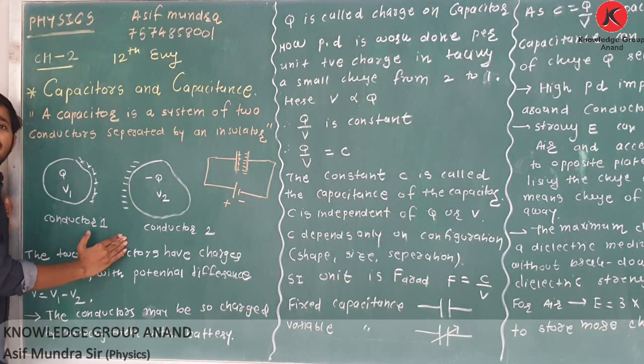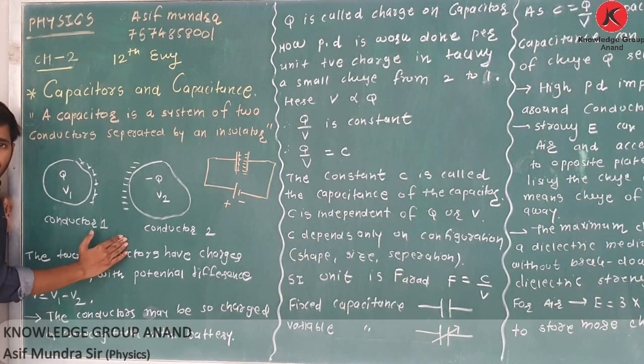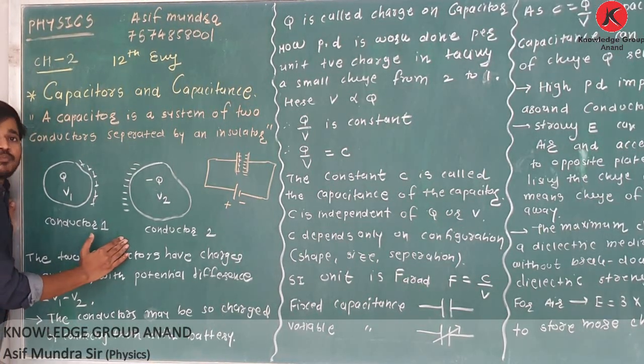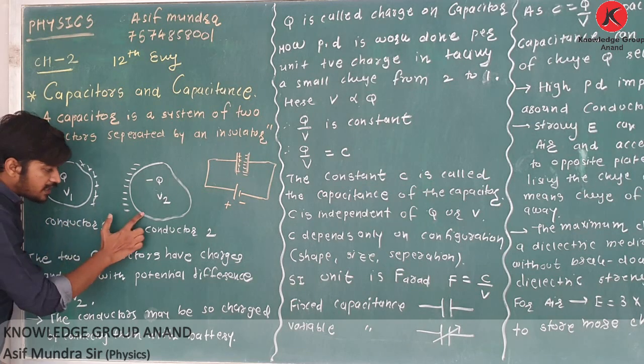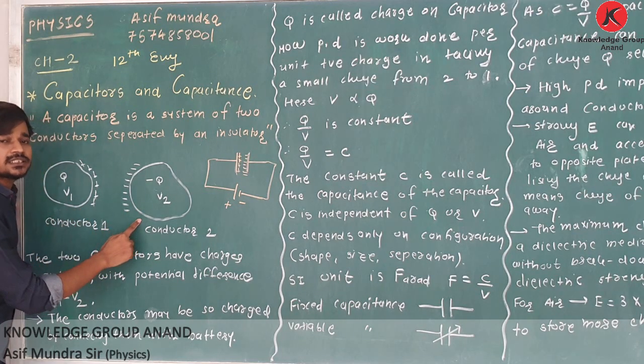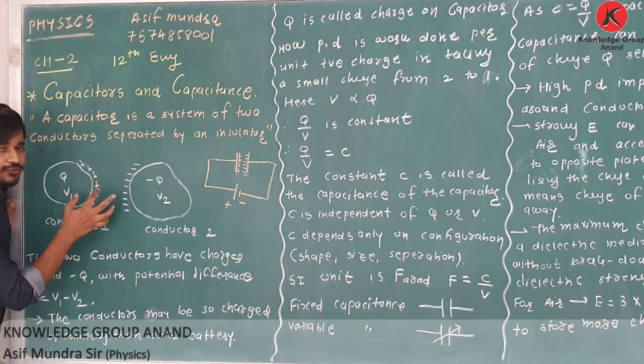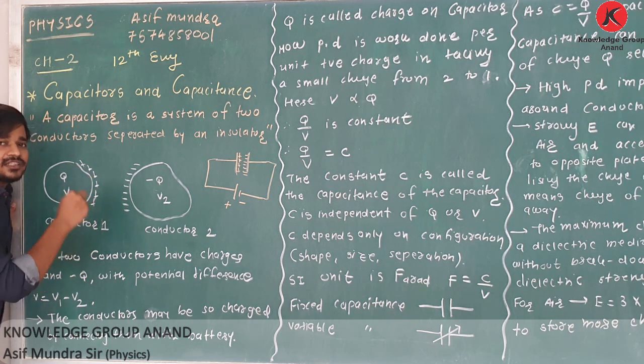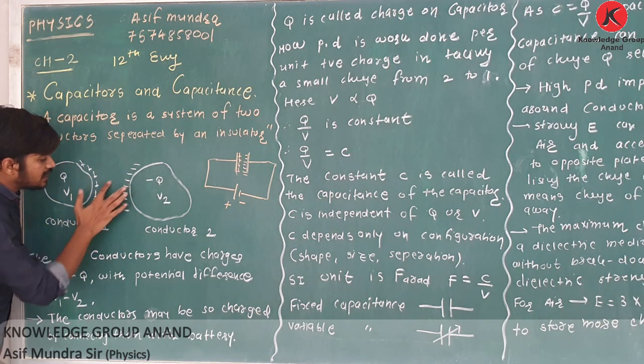We know that air is an insulating medium. But if the potential difference between two conductors increases, the electric field becomes strong, and that electric field ionizes the air.